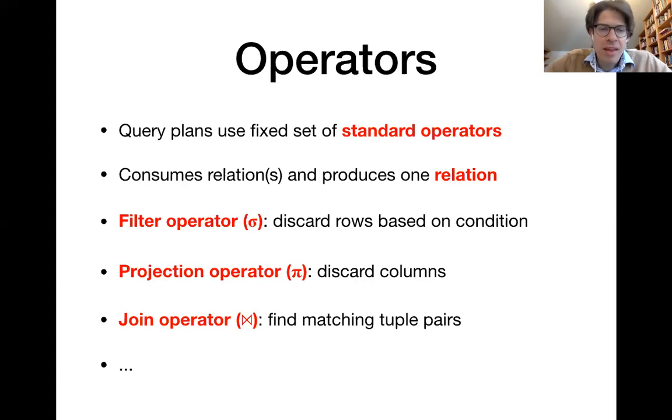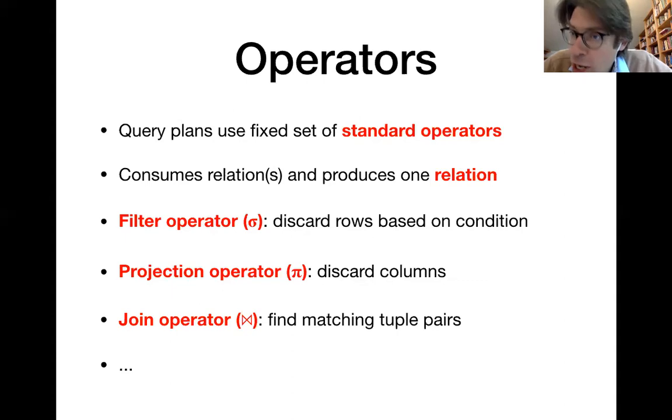Now, a couple of standard operators that we will be discussing more about is, for instance, the so-called filter operator, which is typically abbreviated by the Greek letter sigma, and that one simply discards rows based on a condition. So it checks for each row whether it satisfies a condition, and if so, it keeps it, otherwise it discards it.